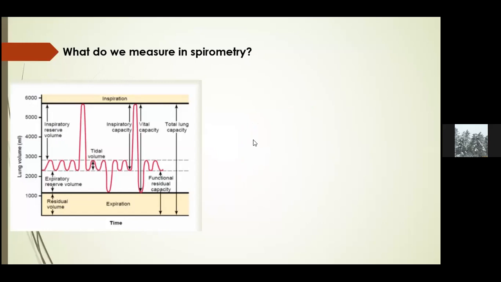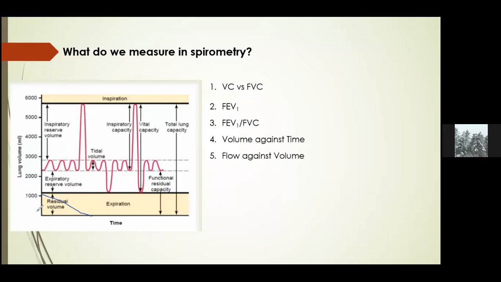So now, what do we measure when we are looking at spirometry? Number one, what you are able to measure is the amount of air that can move in and out of your lungs. That means you cannot measure the residual volume. If you cannot measure the residual volume, you cannot measure total lung capacity, because total lung capacity takes into account residual volume.